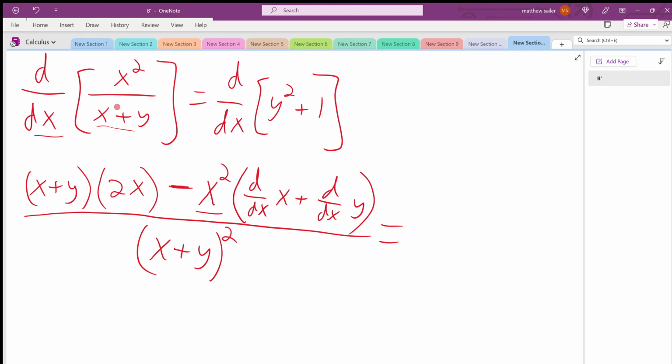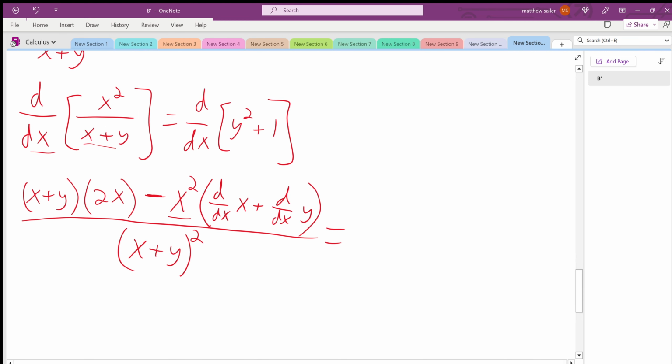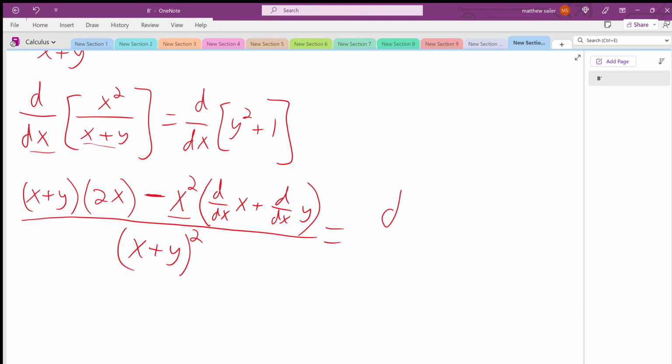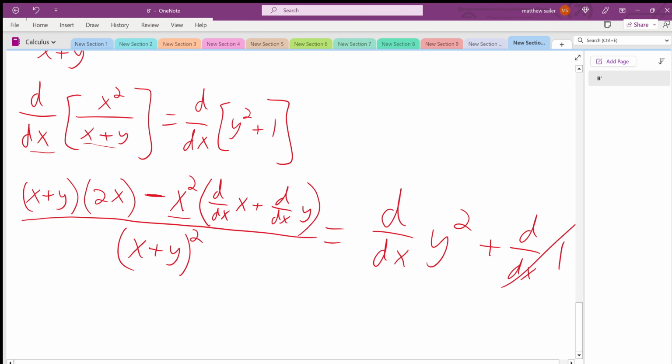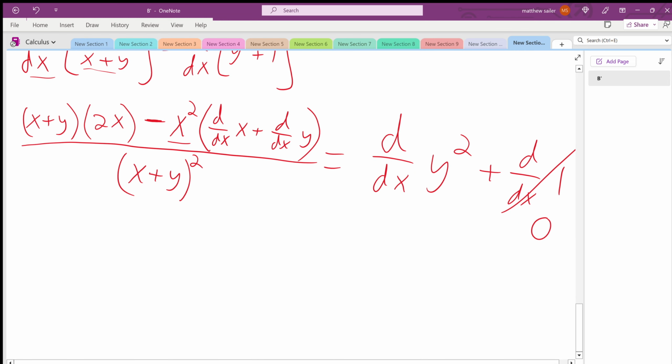On the right-hand side, we have to take that derivative now. So we get the derivative of y squared plus the derivative of 1, which is a constant, so that becomes 0. So let me rewrite this on the bottom.